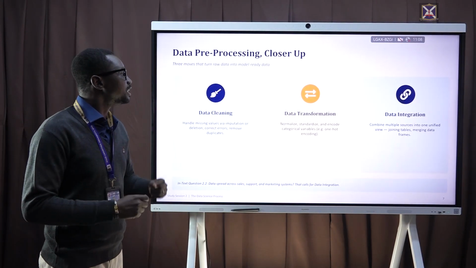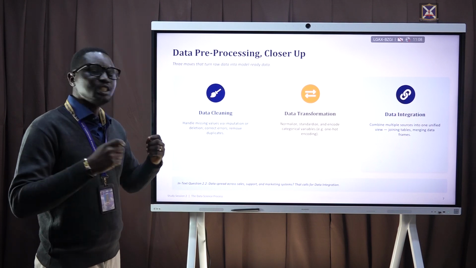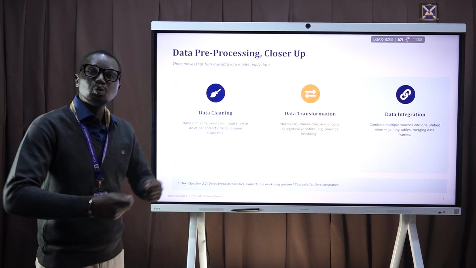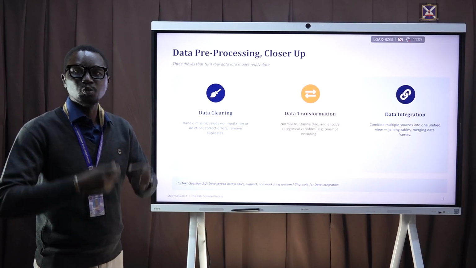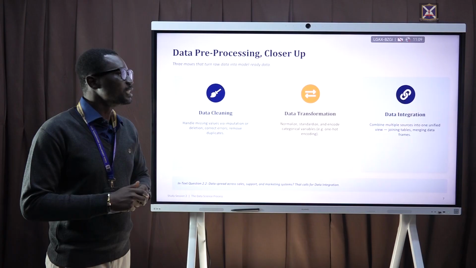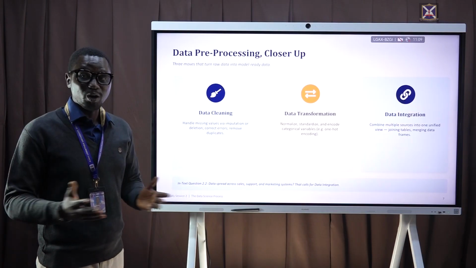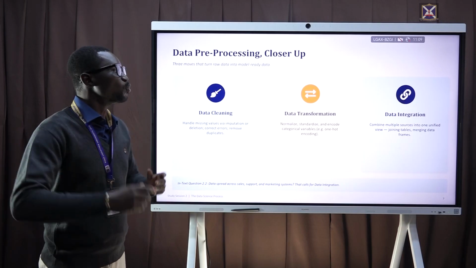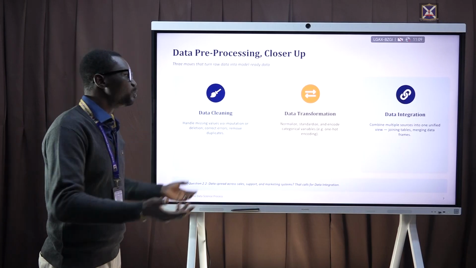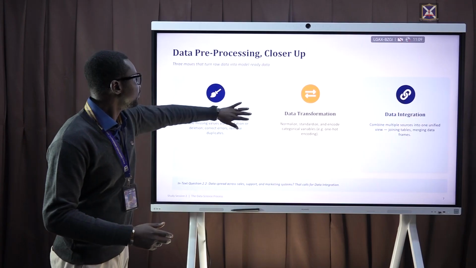The next one is data transformation. After you have cleaned your data, you need to transform it into a usable format that the model can actually work with. The last one, which is data integration. With data integration, you have to combine multiple sources into one unified view by joining tables or matching data frames.